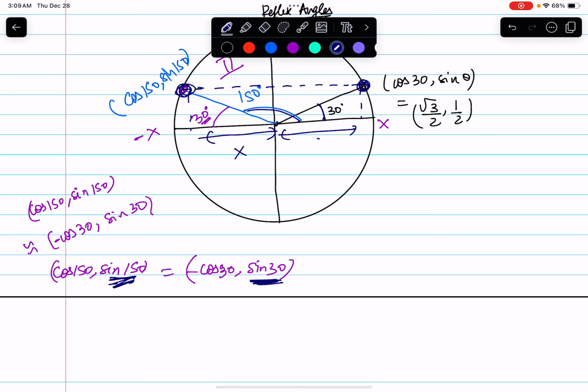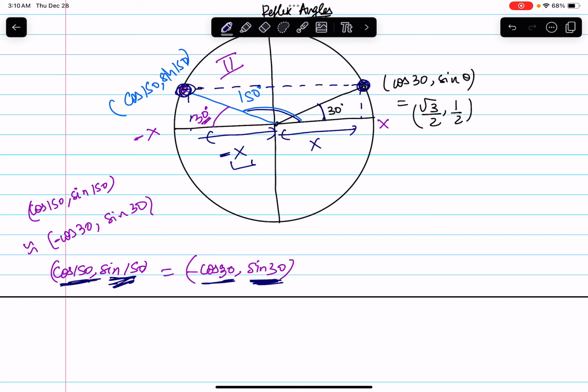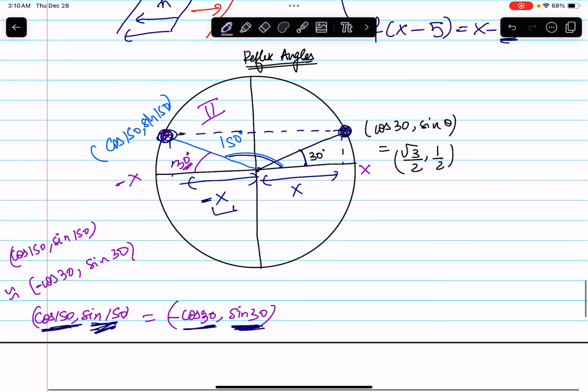The magnitude of the x values is the same, but in this case, this is negative, which is why cosine of 150 is negative cosine of 30. Okay? So we'll be doing more examples on reflex angles, but basically reflex angles are always made with the x-axis. And you just have to know in which quadrant sine and cosine are positive or negative. Okay?